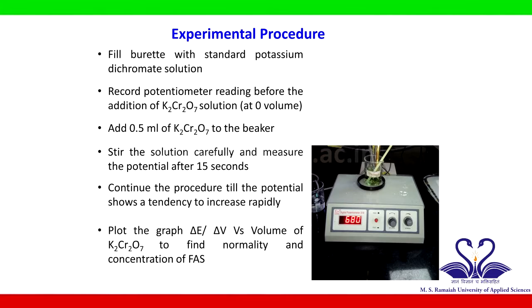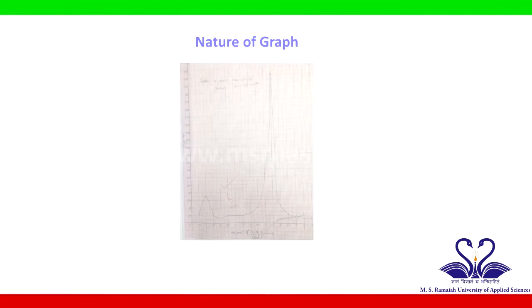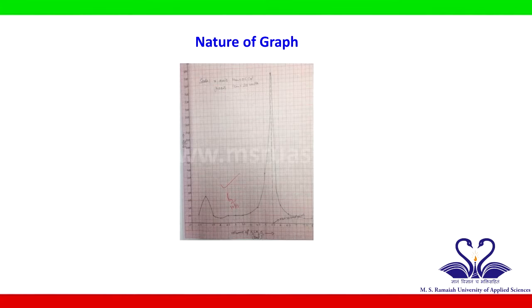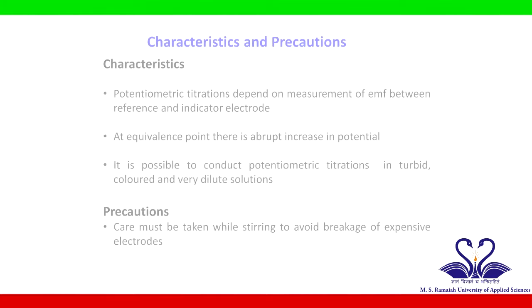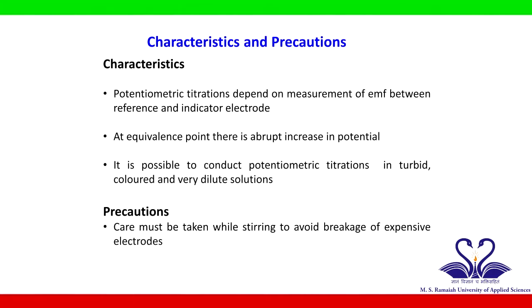Plot the graph of delta E by delta V versus volume of potassium dichromate to find the normality and concentration of FAS. Care must be taken while stirring to avoid breakage of expensive electrodes.